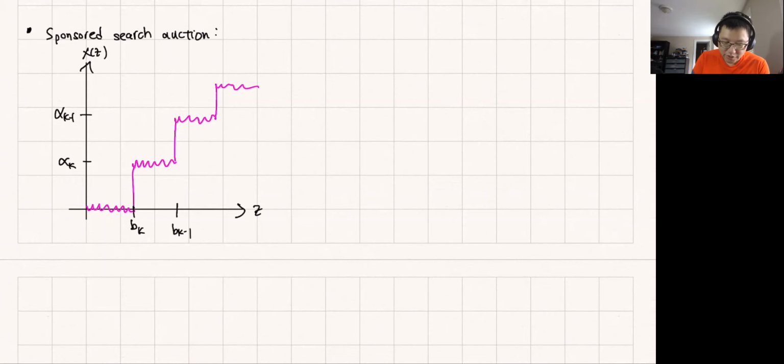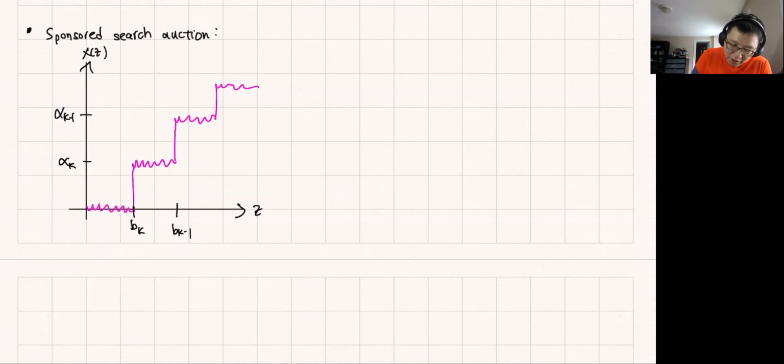Now this is the regular allocation graph, so the higher you bid, the more you get. So what we will look at is, suppose I have a player that enters the auction, and we will see how much value is lost by people who bid.